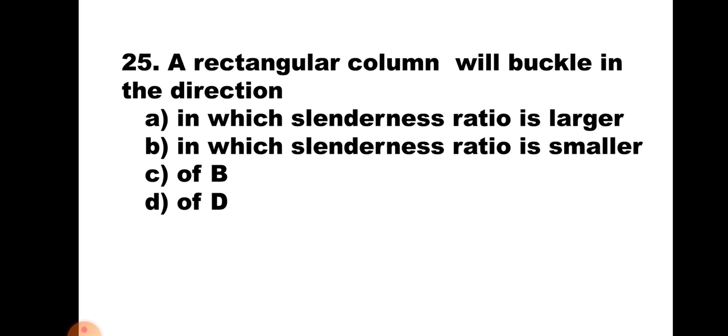Question number 25. A rectangular column will buckle in the direction A, in which slenderness ratio is larger, B, in which slenderness ratio is smaller, C of B, D of D. Now here we have seen that whenever I is minimum, or the axis about which I is minimum, buckling will take place, and if I is minimum, definitely the radius of gyration will be minimum, and as radius of gyration will be minimum, slenderness ratio will be larger.